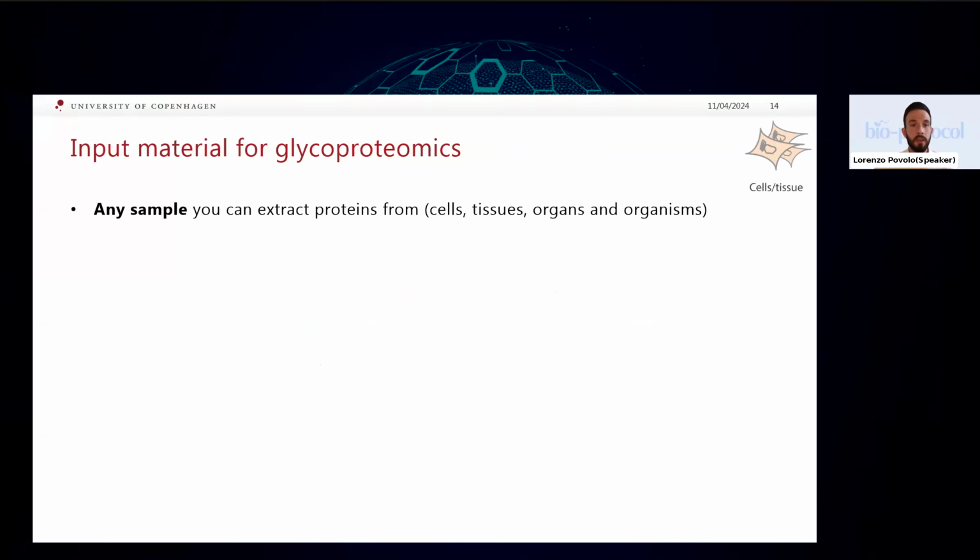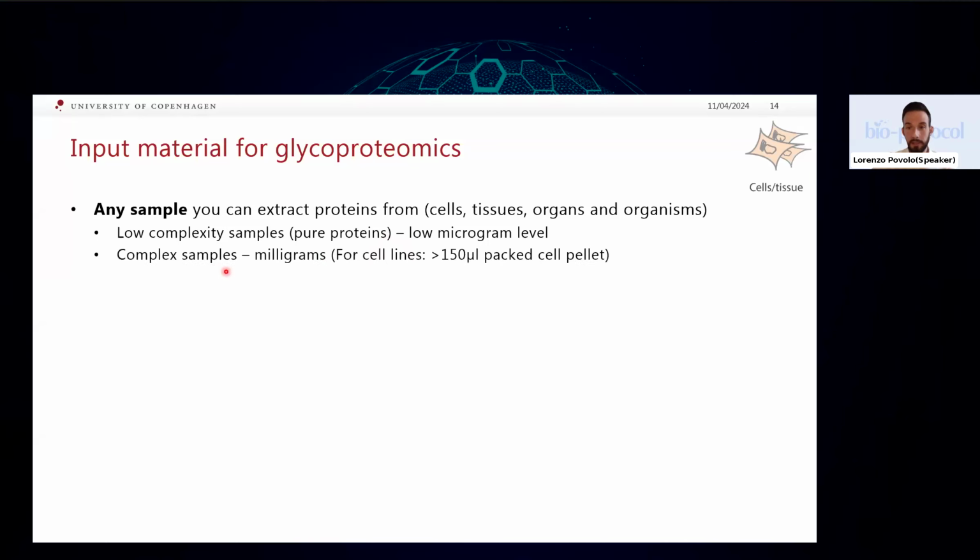If we talk about a sample with a low complexity, for example, a pure protein or a mixture of very few proteins, a few micrograms are enough to get a quite good glycoproteomics analysis. When it comes though to more complex analysis, for example, from cell lysates, here I think milligrams are required to have a good glycoproteomics analysis at a site-specific level.